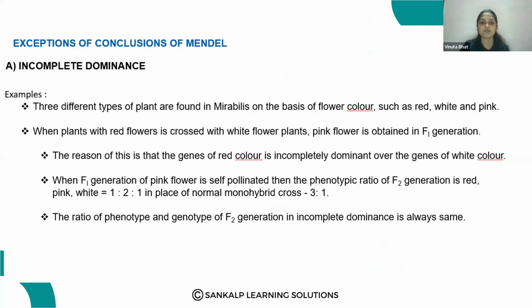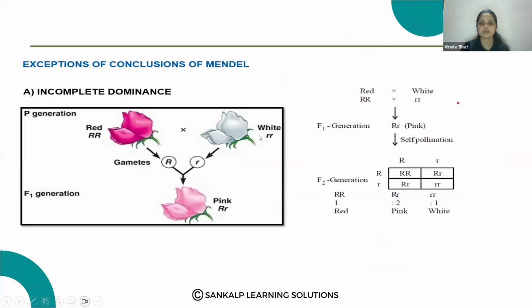Let's see this with a schematic representation of incomplete dominance. Here, the gene for red color is represented as capital R, capital R, and the phenotype is red color flower. White you can take as small r, small r.